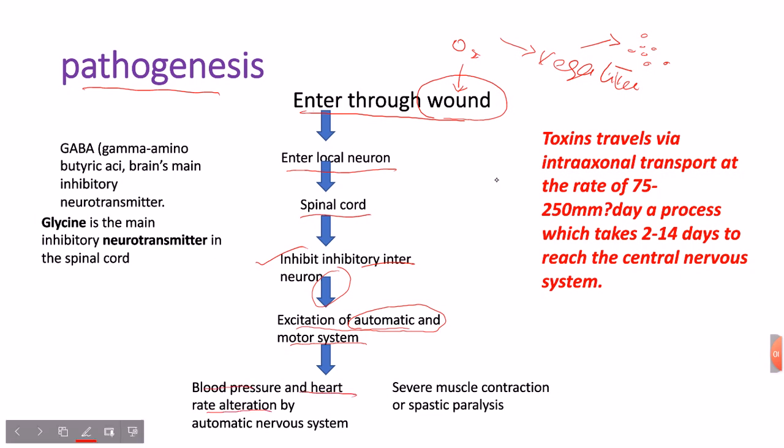On the other hand, severe muscle contraction or spastic paralysis occurs if the motor system is excited. If the toxins reach the motor system, it causes spastic paralysis, because the motor system is connected directly to the skeletal muscles, and skeletal muscles help in movement, right?